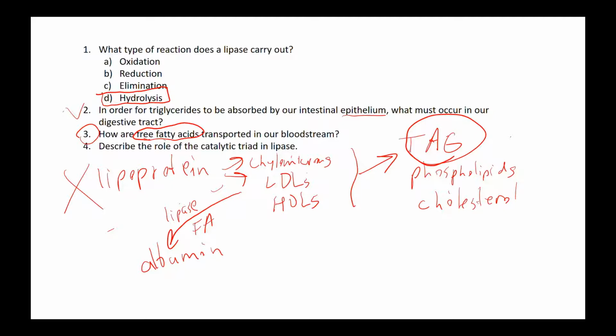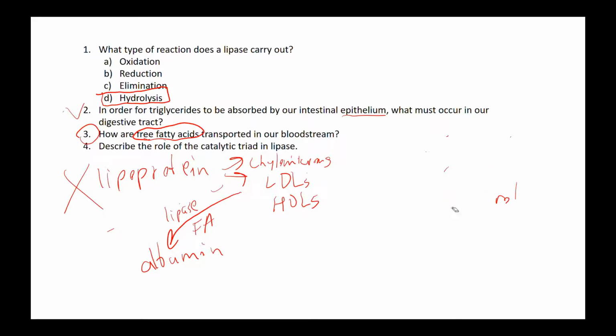So that's it for number 3. Number 4 is asking about the role of the catalytic triad in lipase. One of the things I mentioned about lipase is that it functions in a manner extremely similar to another enzyme we learned about, serine proteases.